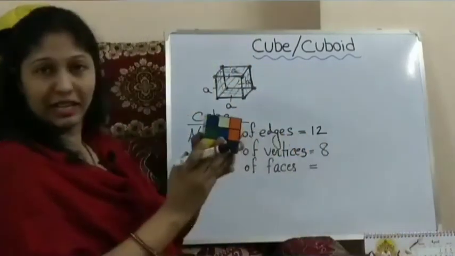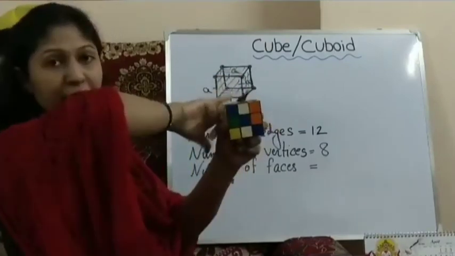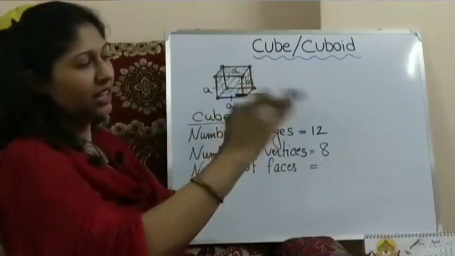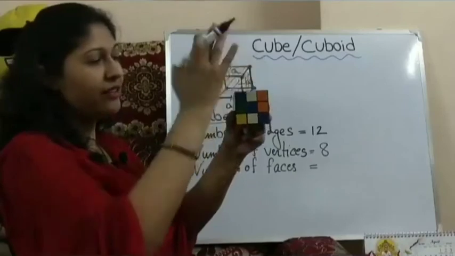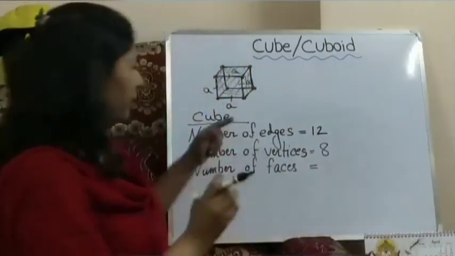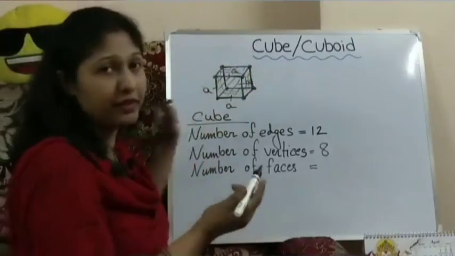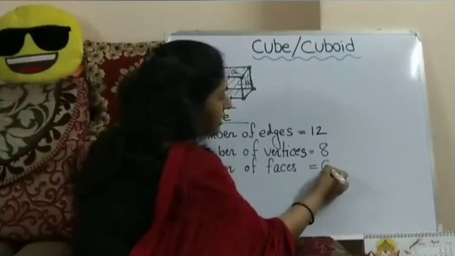I will show it here. 1 face, 2 face, 3, 4, 5 and 6. So these are the number of faces. Whose faces? That is cube face. So number of faces are 6.